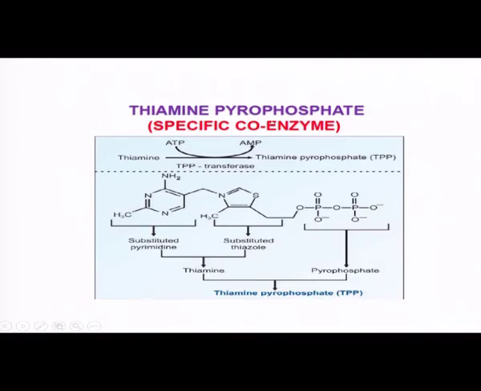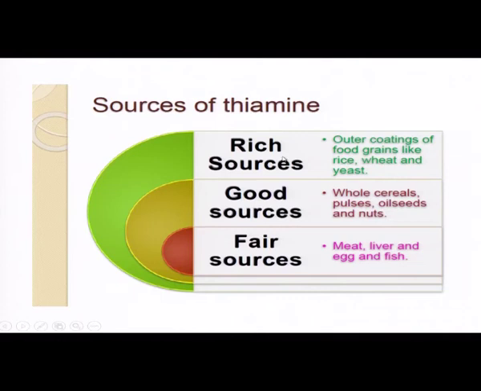TPP transferase uses ATP as a source of phosphate and transfers it to thiamine, resulting in thiamine pyrophosphate and AMP, which in turn can also be used as a second messenger signaling component along with the other cytoplasmic components present inside the cell. Now, we are going to look at various sources of thiamine.